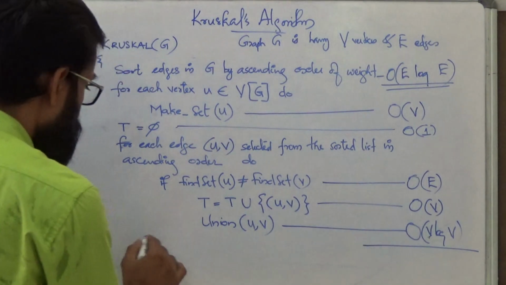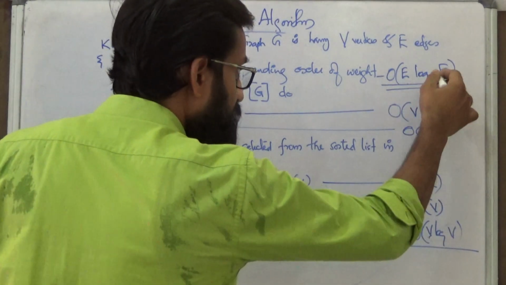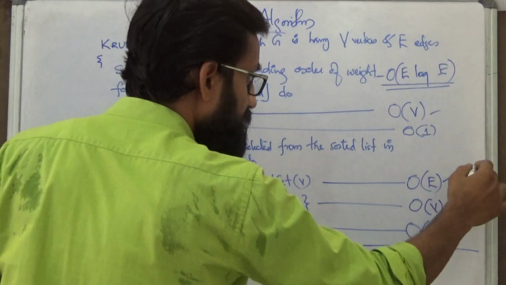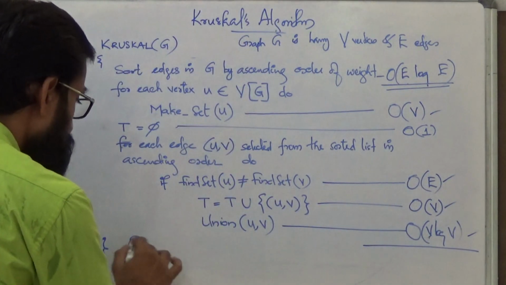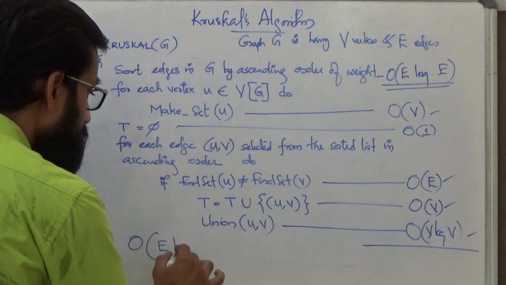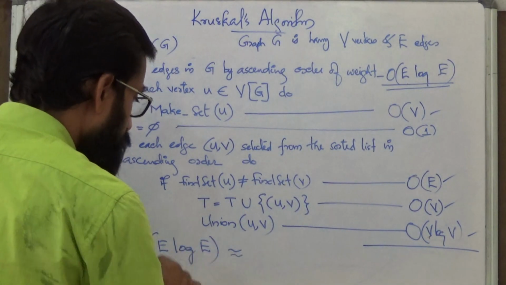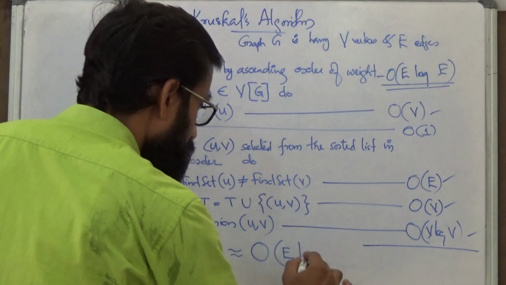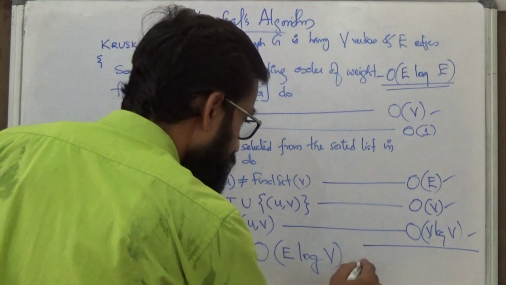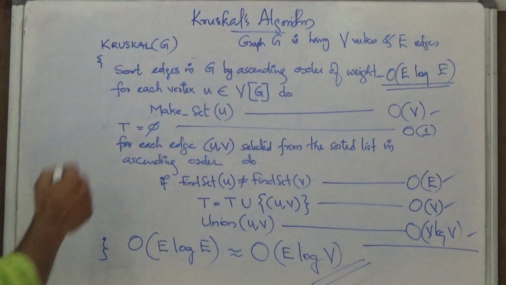So E log E will be greater than V, E, and V log V. So you can represent runtime of this algorithm as order of E log E, which is equal to order of E log V. So runtime is order of E log V.